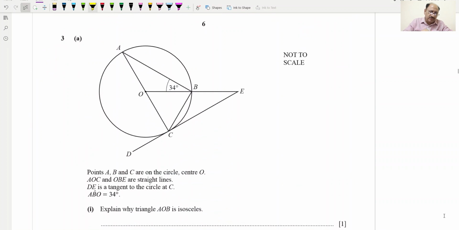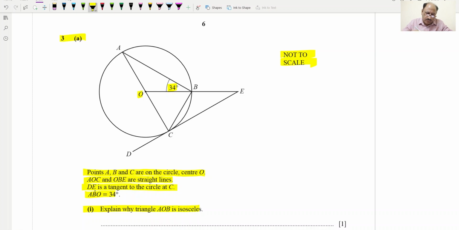Now question number 3. A part diagram is provided which is not to scale. Points A, B, C are on the circle with center O. This is the center. AOC and OBE are straight lines. DE is a tangent to the circle at C, and ABO is 34. This is 34. Explain why triangle AOB is an isosceles triangle.